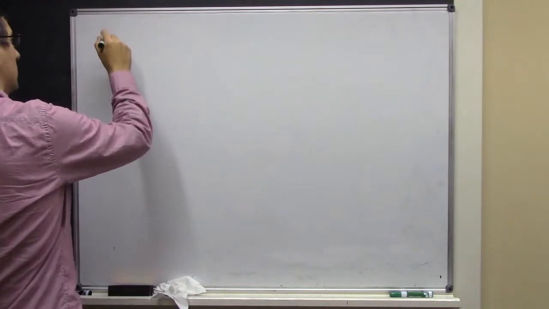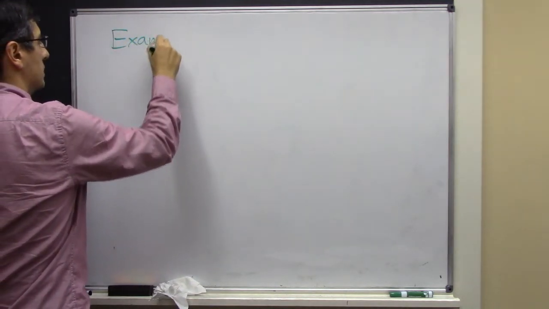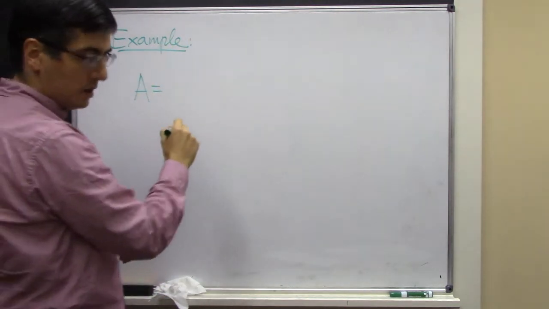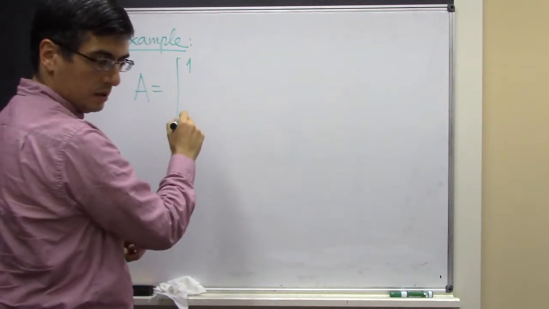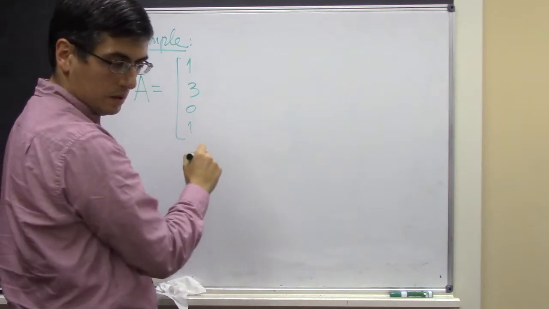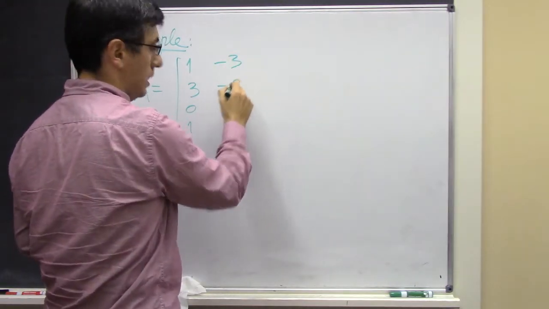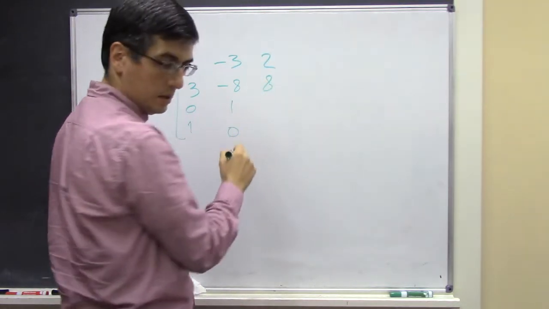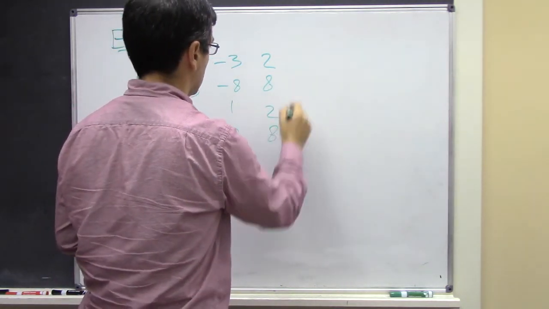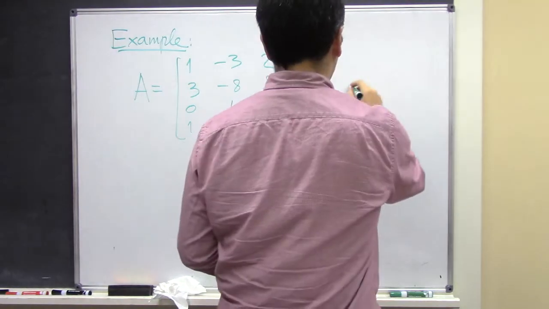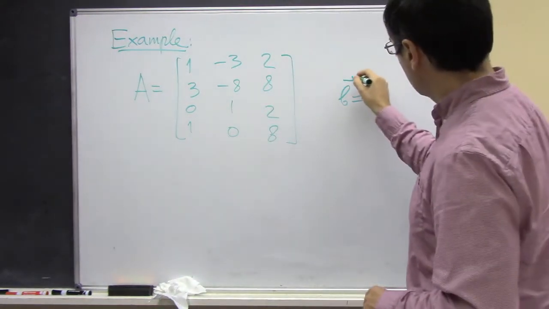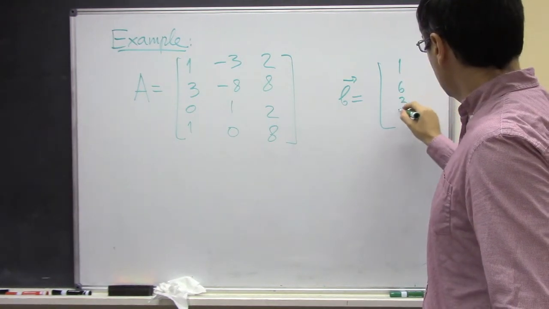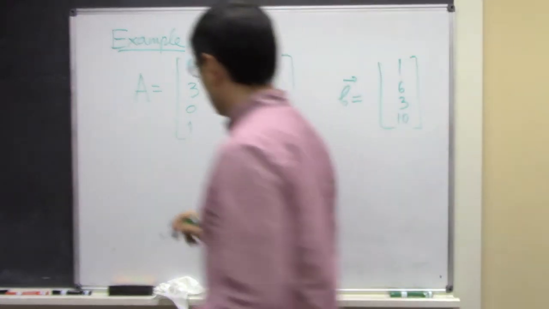So the example is: we will take A to be the matrix with rows (1, 3, 0, 1), (-3, -8, 1, 0), and (2, 8, 2, 8), and we will take b to be the vector (1, 6, 3, 10).